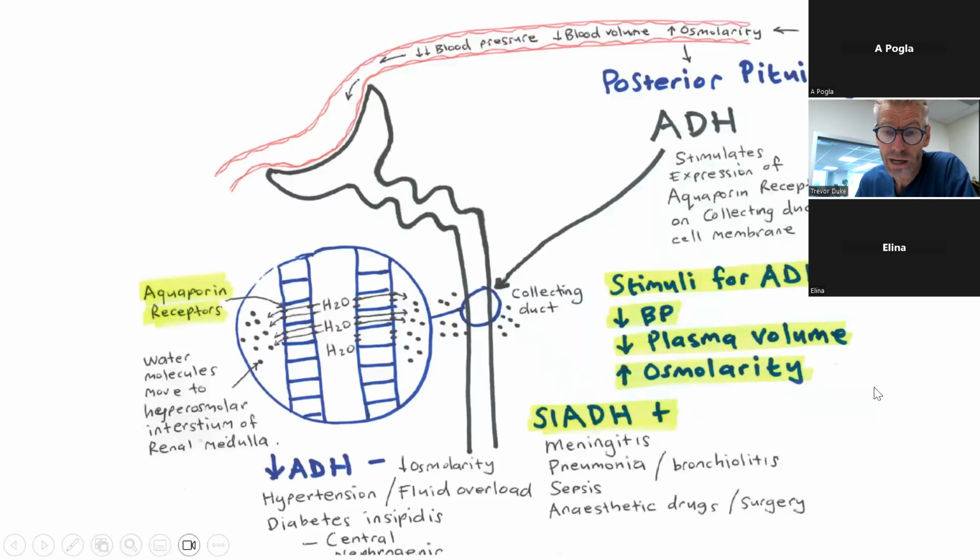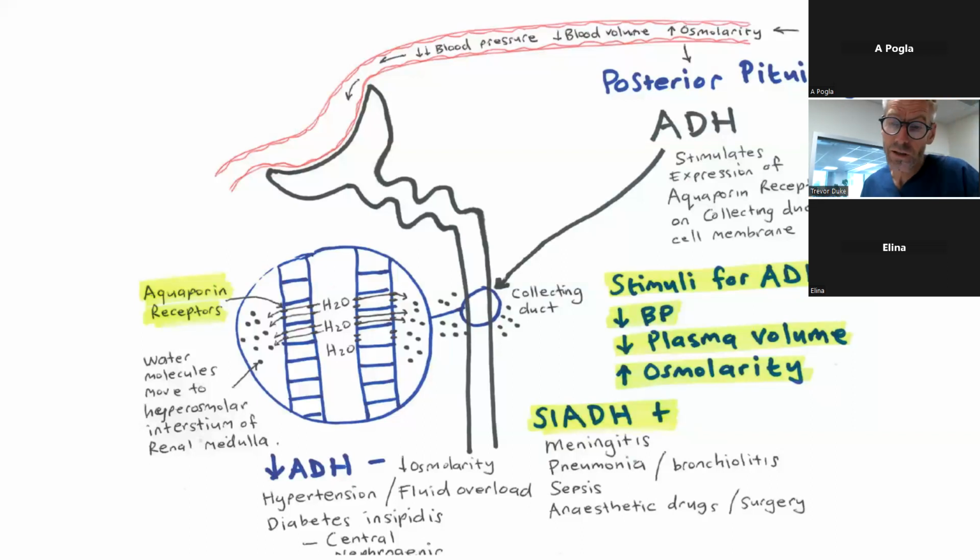As you know, antidiuretic hormone is released by the posterior pituitary, and it can be stimulated by hypovolemia, hypotension, dehydration, and hypernatremia. So if the sodium level rises, then you get more antidiuretic hormone being released. They're the normal mechanisms for ADH release, but ADH release can also be triggered by certain illnesses, and I've mentioned those: meningitis, particularly pneumonia, bronchiolitis, sepsis, anesthetic drugs, even surgery, burns.